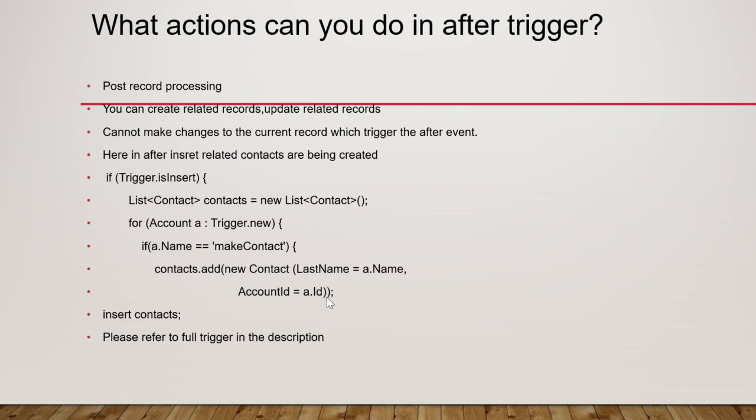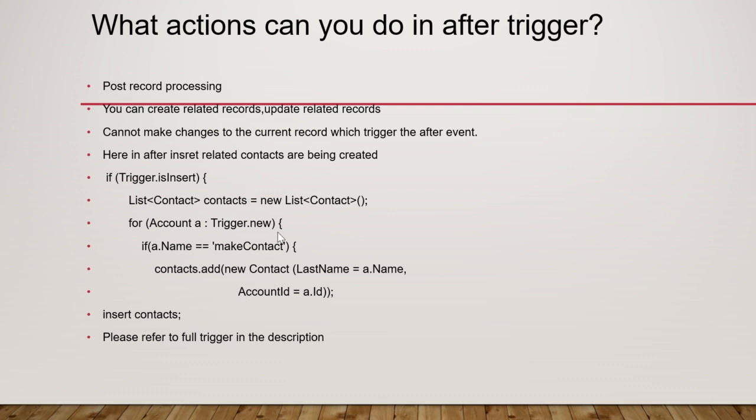One very important point is that in the after trigger you will get an ID, because the record is inserted into the database, so you will always get a record ID in the after trigger for each and every record, and you can use that ID to associate with the contact. This is not available in the before insert, though in before update it is available through the trigger.oldMap.